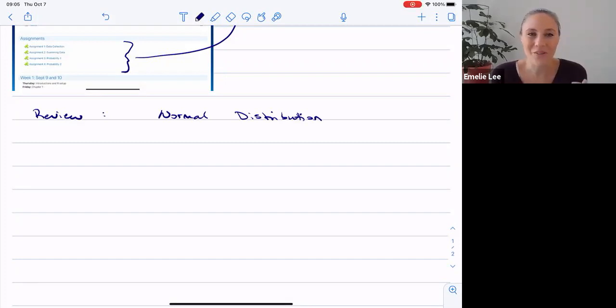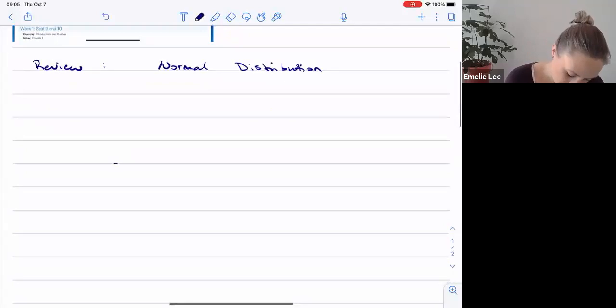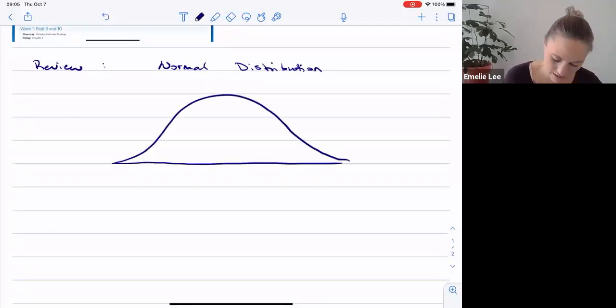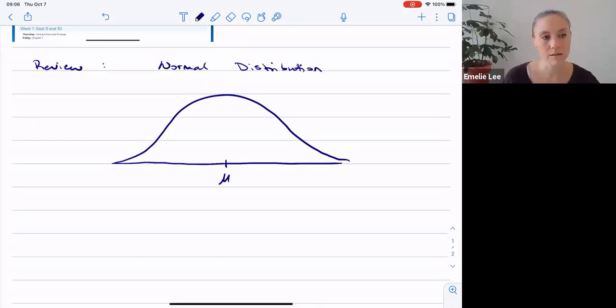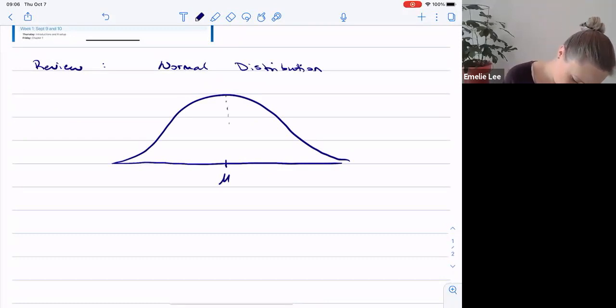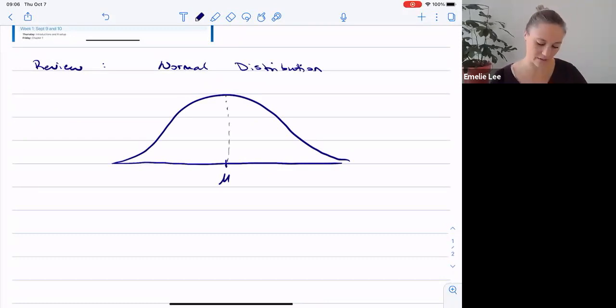And we know that we're always pushing for a normal distribution because it opens up a bunch of analyses for us. So we need to be comfortable with the normal distribution. We start with, well, it looks like this, right? It's centered on the mean. I'm just going to do a little dotted line there. Oh, it's all curved, but I think you get the idea.